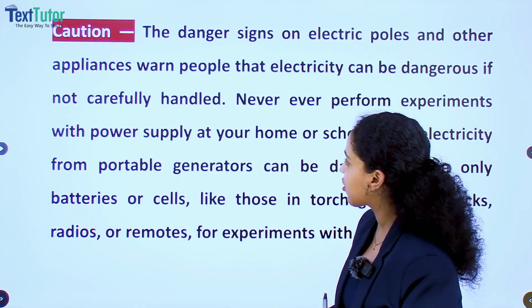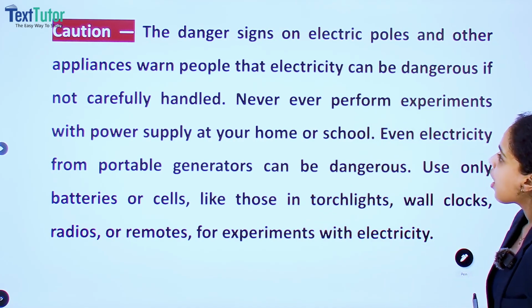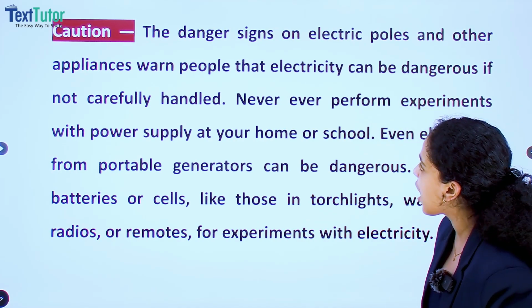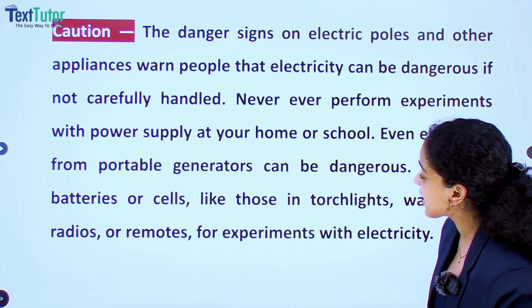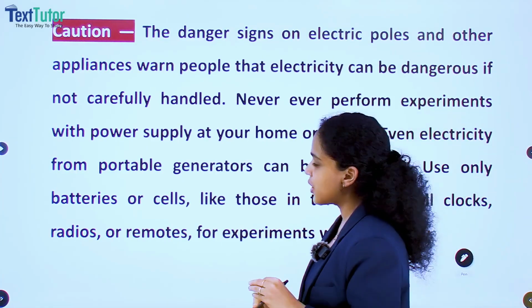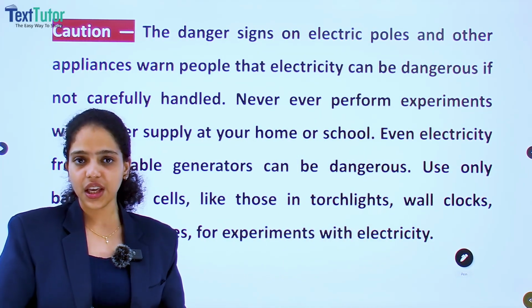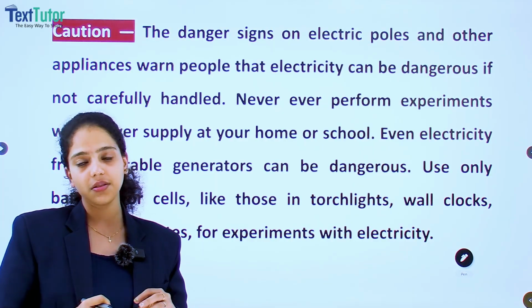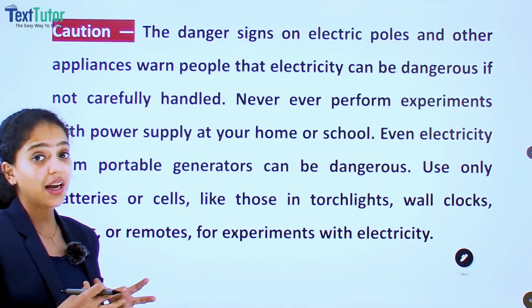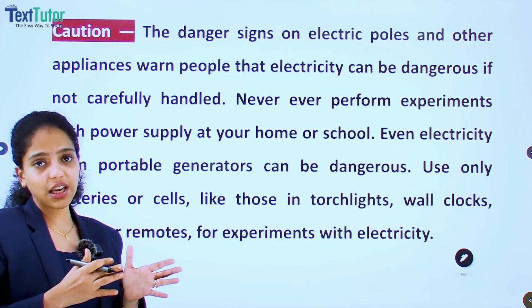Before that, here is a caution we can see. The danger sign on electric poles and our electric appliances warns people that electricity can be dangerous if not carefully handled. We know that electricity is dangerous if we do not use it safely. We must be careful while using electricity and we must follow safety precautions.